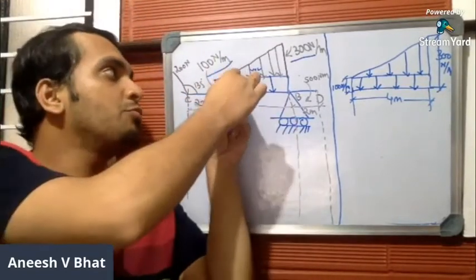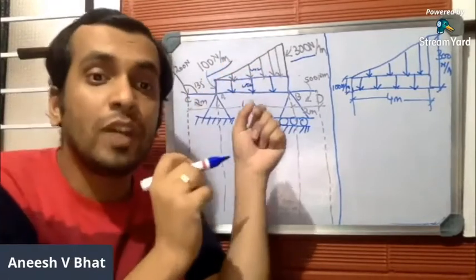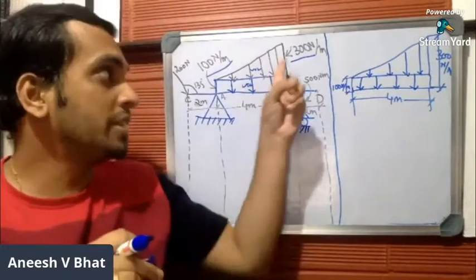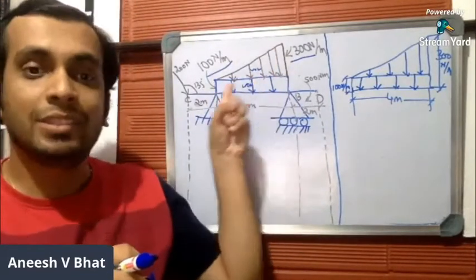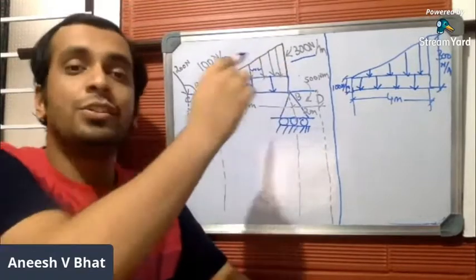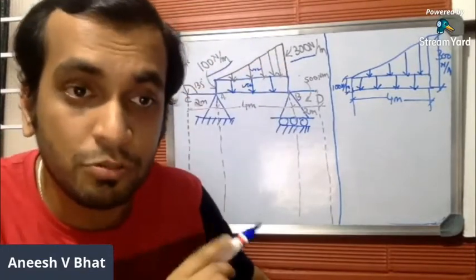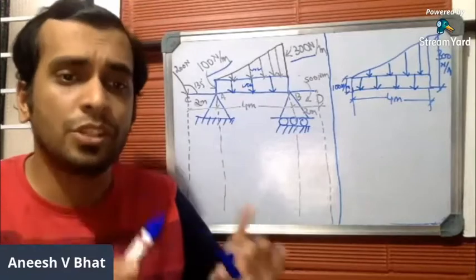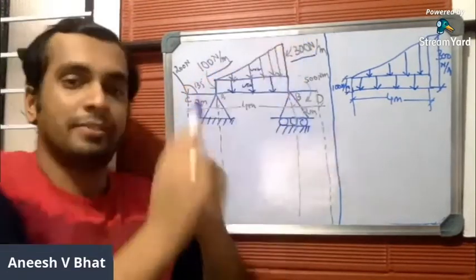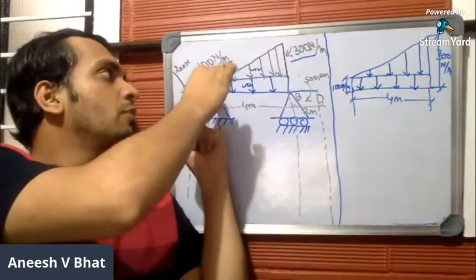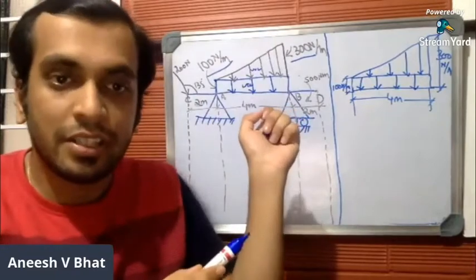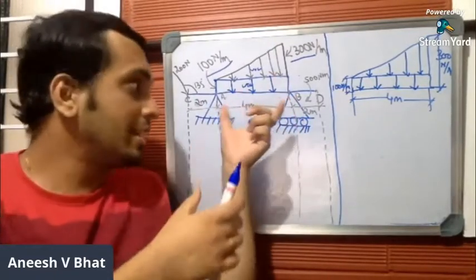Since you have two loading systems kept over one another, you will get two point loads from this loading system. The lower point is given as 100 and the upper point is given as 300. Let us try to analyze this system.